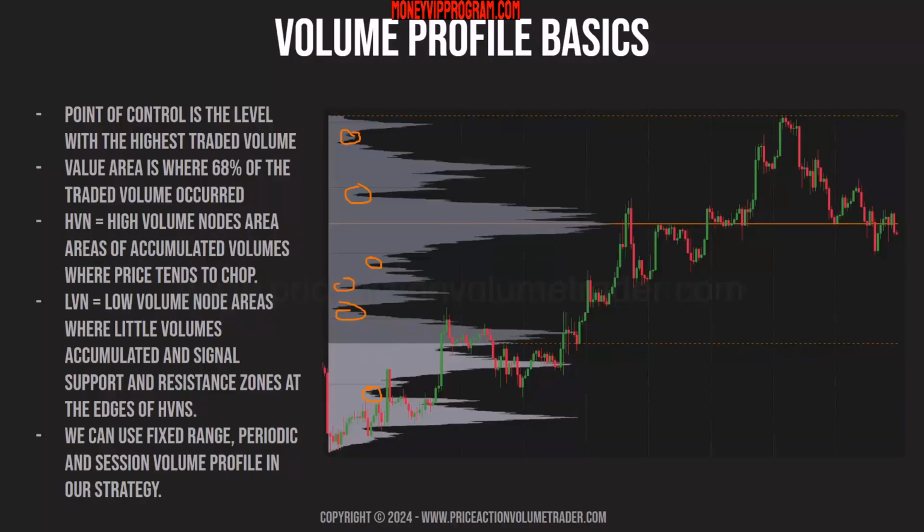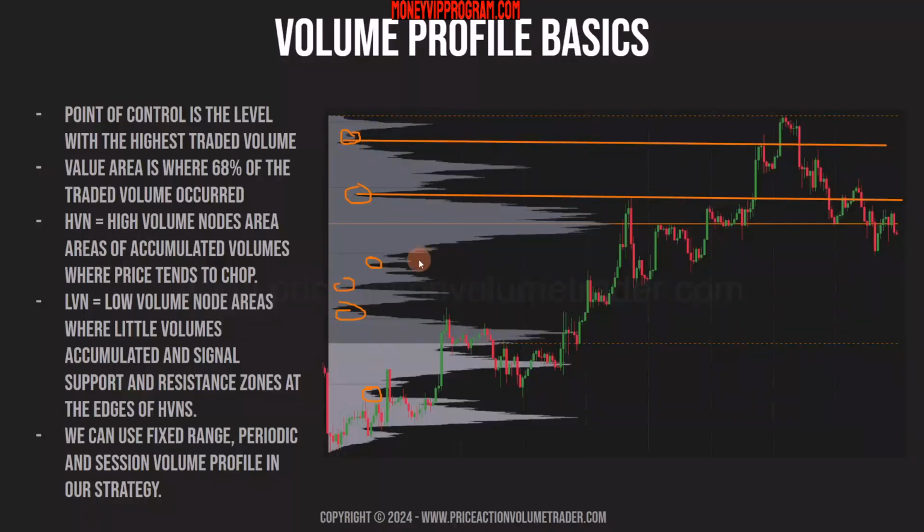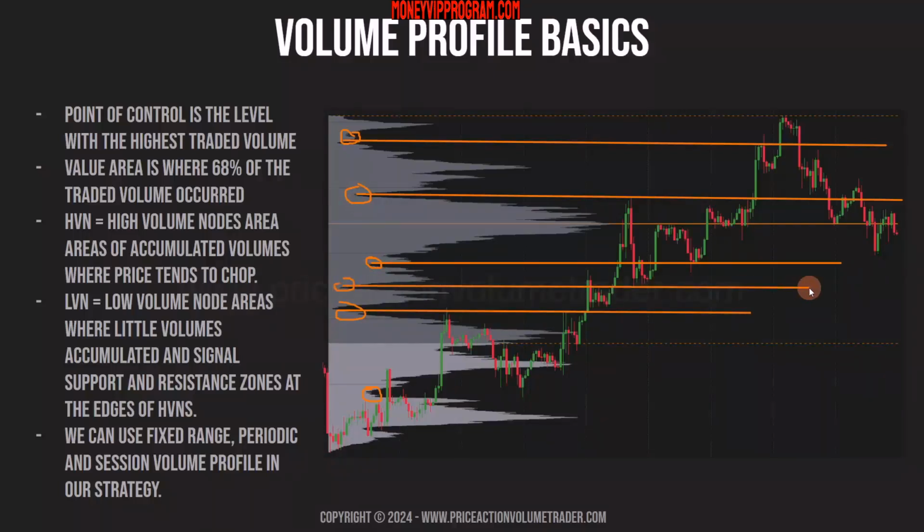If I take a line tool and extend this, you can see that there were a lot of significant support and resistance levels right around these key cut areas in the volume.